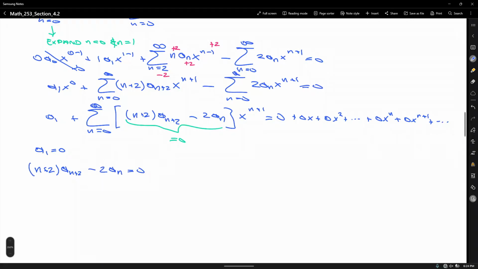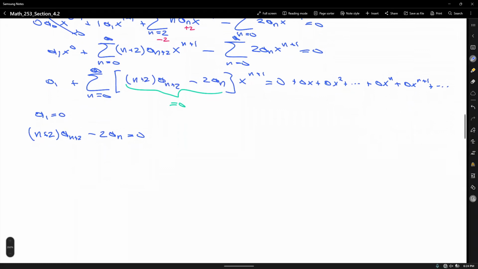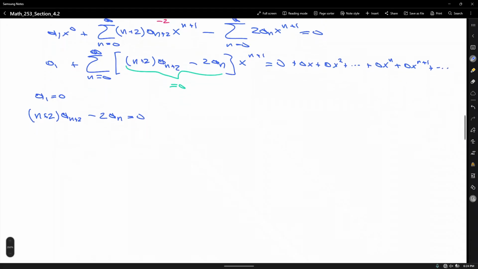Okay, guys, the expression I just said equals 0 is what we call a recurrence relation. This is what we're going to use to generate the coefficients and eventually come up with a rule, potentially, if possible, or at least write the solution in polynomial form. All right.